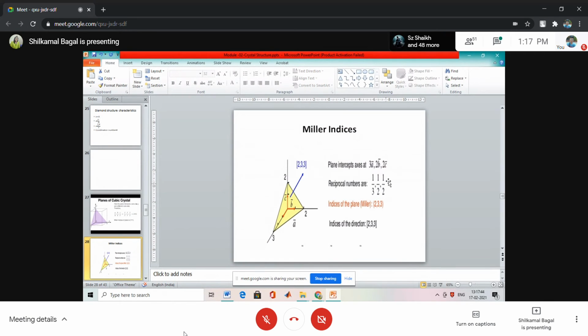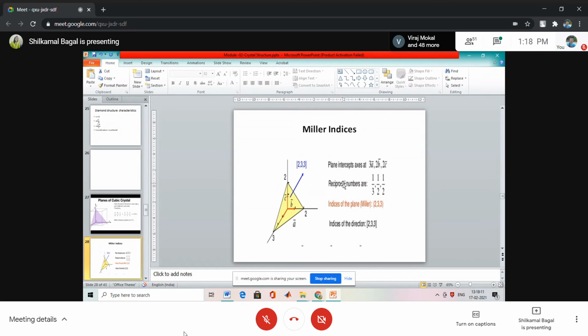Remember that. These reciprocals can be converted into integers by multiplying by the LCM of the denominators. Here in this example, the LCM of the denominators will be 6. So 6 multiplied by each one will give 2, 3, 3. So the indices of this plane are 2, 3, 3. These are known as the Miller indices of the crystal plane.